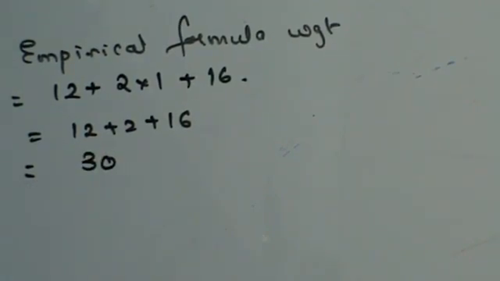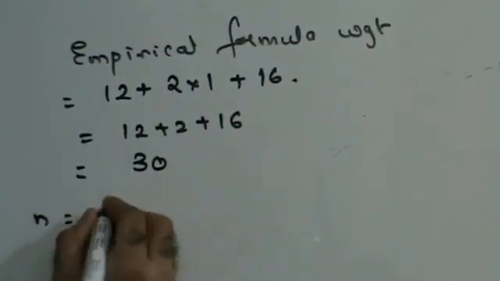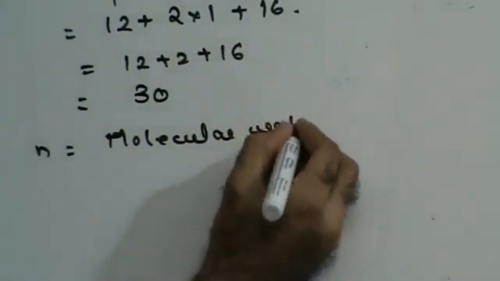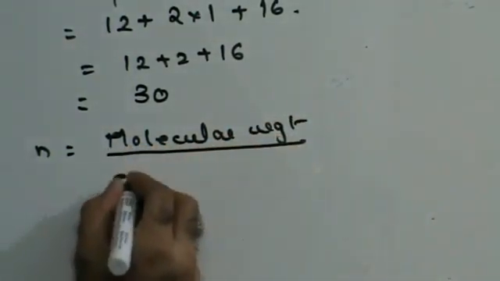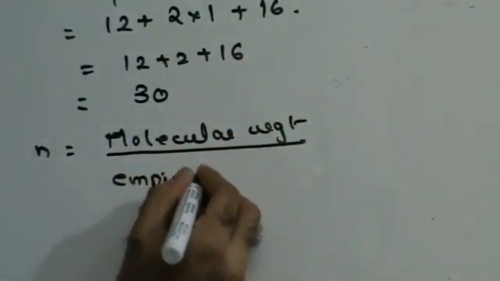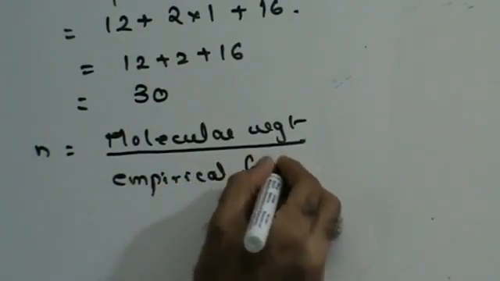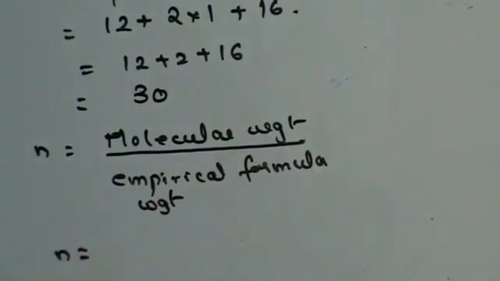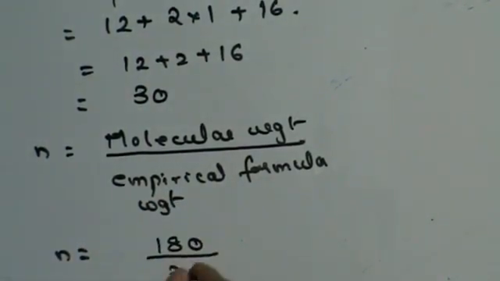Now, they have already given you the molecular weight. So in that case, I can say N is nothing but molecular weight divided by empirical formula weight. So N is equal to molecular weight we know is 180, empirical formula weight is 30. So this will be 6.